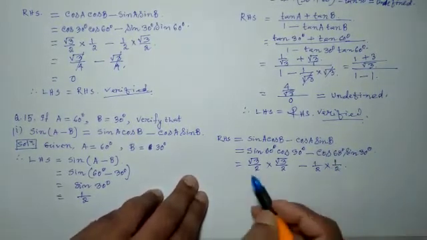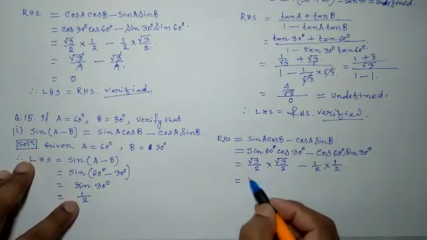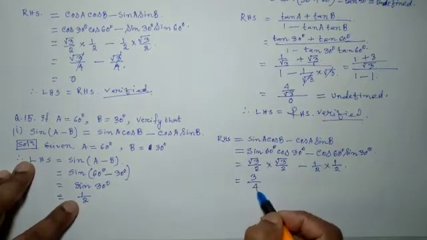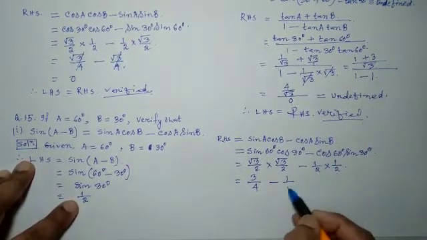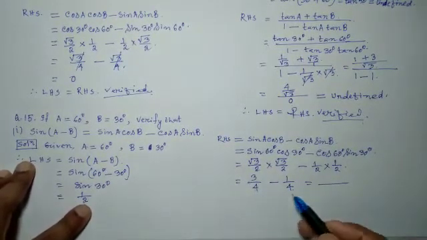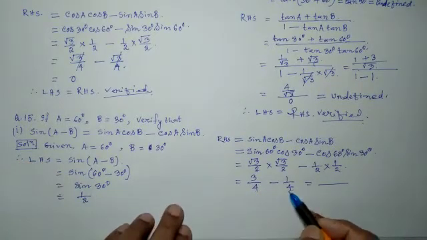The next work, multiply the numerators. Root 3 into root 3 is only 3. Denominators 2 into 2 is 4, minus 1 into 1 is 1, then 2 into 2 is 4. And now we have to subtract 3 by 4 minus 1 by 4. So we take the LCM of 4 and 4.